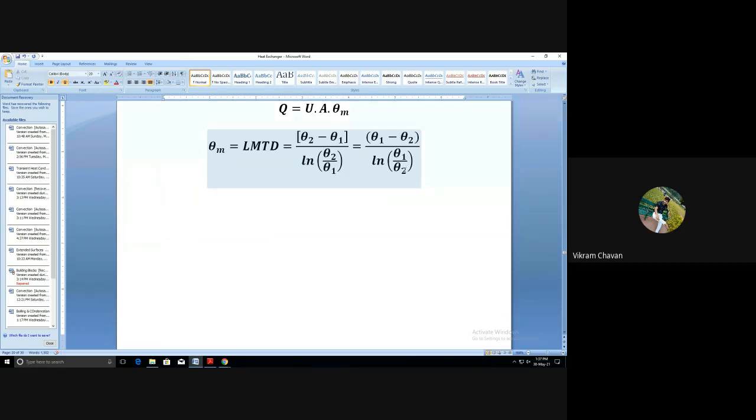But you have to remember that if you take theta 2 first in the subtraction, then theta 2 should be in the numerator of the logarithmic term, and if you take theta 1 first in the subtraction, then theta 1 should be in the numerator of the logarithmic term. These two formulas provide the same results.